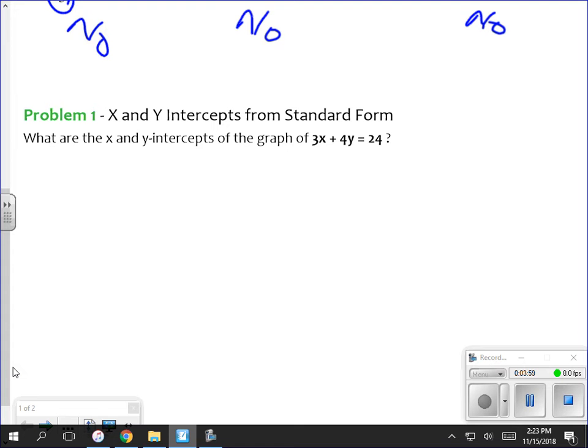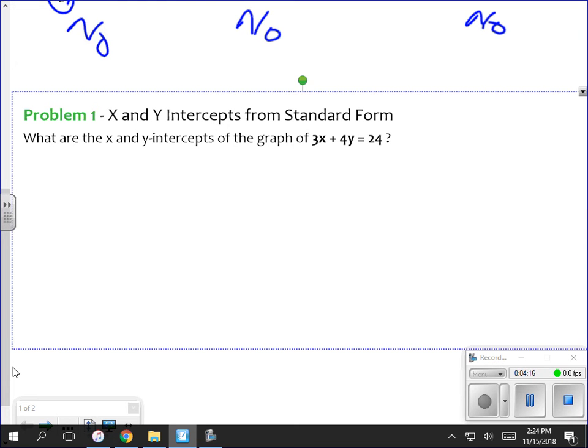To figure that out, it's really easy. Here's what you do. Everybody, take your finger. Put it over the x's. Cover up the x's. What do you have? 4y equals 24.